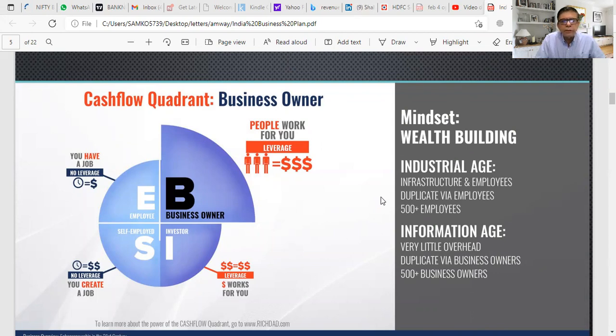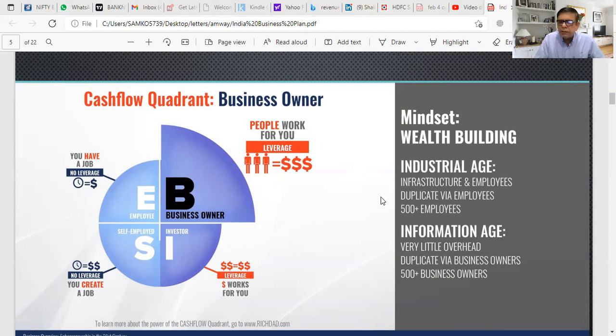The E is the employee quadrant where people are happy with a paycheck. They will work 40 years and retire. Nothing wrong with that. Some ambitious people start their own small business called S, where they work maybe 15, 20 hours. And if they don't do anything, there's no money, because it's 100% of their efforts.